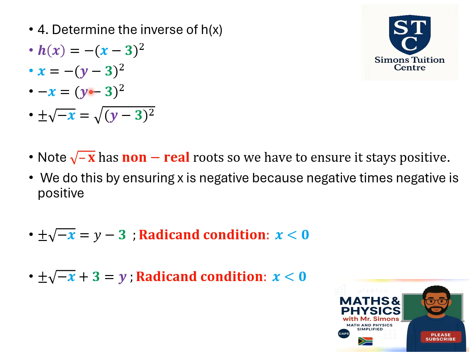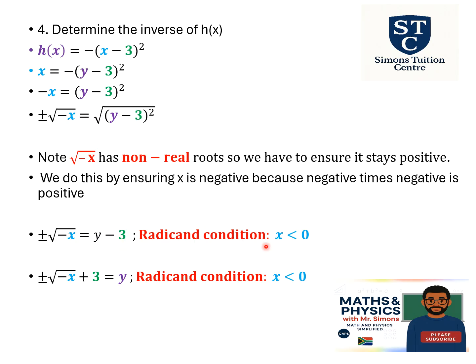From here, we find the square root of both sides to get rid of the square. Plus minus square root negative x. Now note, square root of a positive x has non-real roots. So we have to ensure that it stays positive. We just do this by ensuring x is negative, because negative times negative is positive. Right, so I have plus minus square root negative x equal y minus 3.